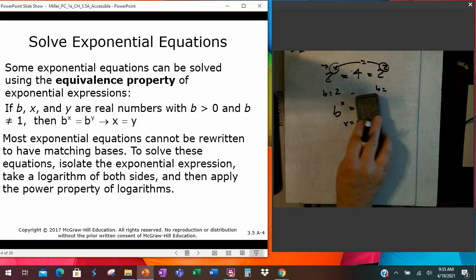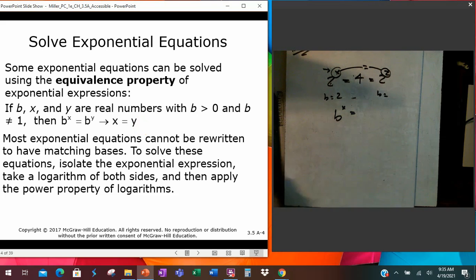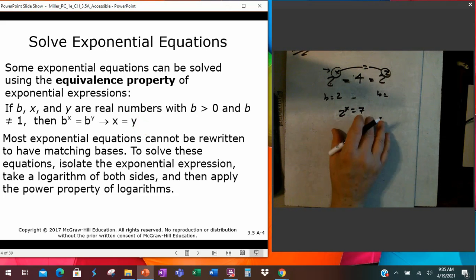What about if I have something like 2 to the x is equal to 7? Then, using our work from last week, I can represent this number as a power of any base.